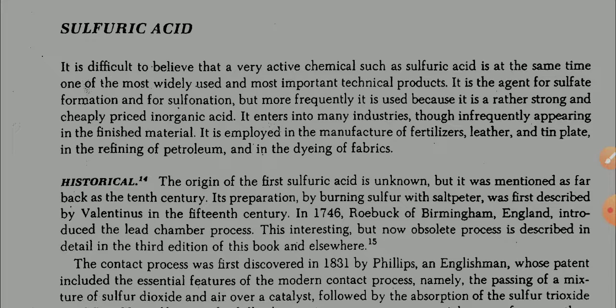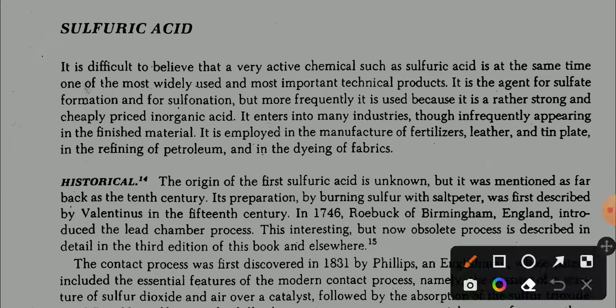In all these chemical industries sulfuric acid is used. It is employed in the manufacture of fertilizer, leather and tin plate, in the refining of petroleum and in the dyeing of fabrics. Okay, this paragraph is the most important basic discussion part for sulfuric acid.